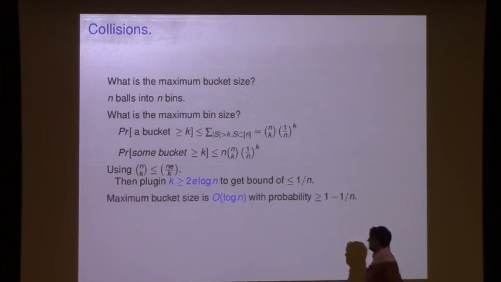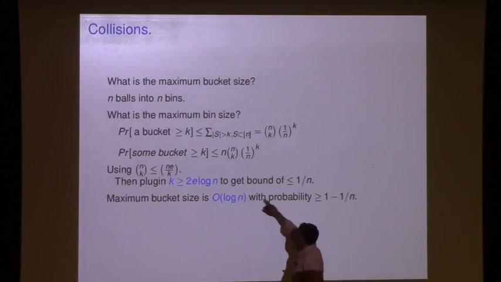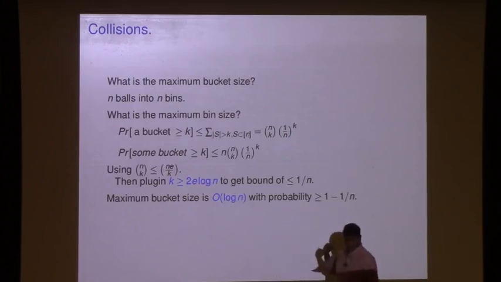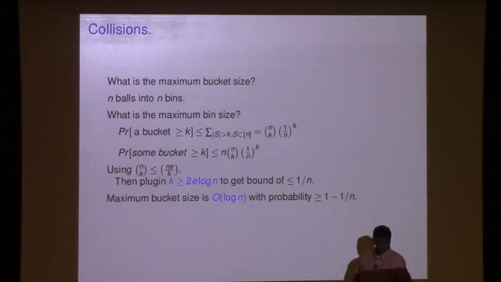So the probability that you have a very large bucket, meaning larger than 2e log n, is less than 1 in n. And it's better than this, it's just a rough analysis. So the maximum bucket size is at most this, with probability 1 minus 1 over n. So very close to 1. Does that make sense?